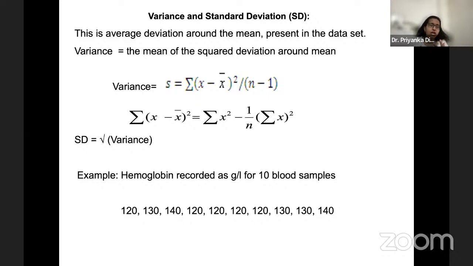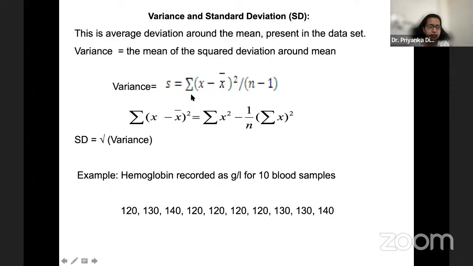This is one of the best indicators to present the variation in a data set. And standard deviation is nothing but the square root of variance. Is it okay?